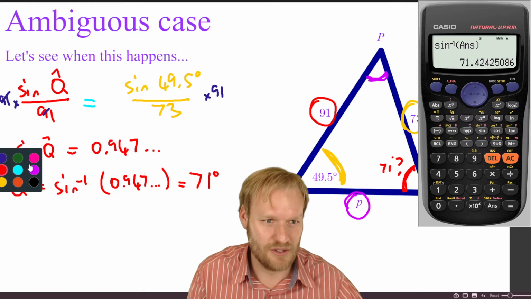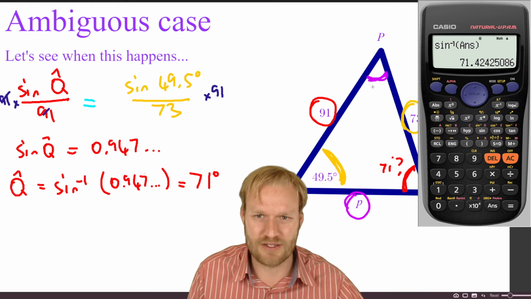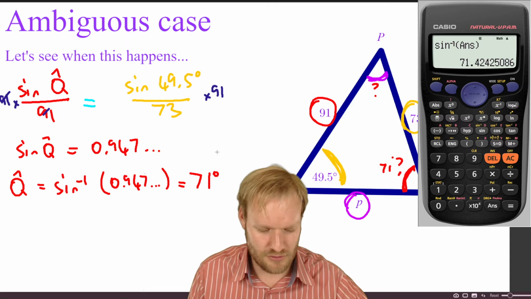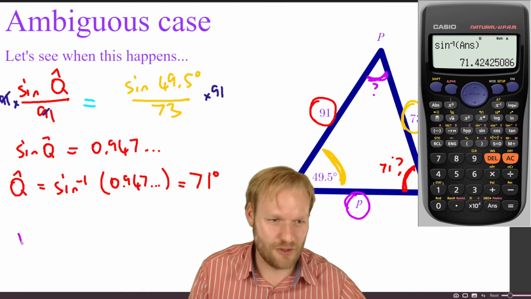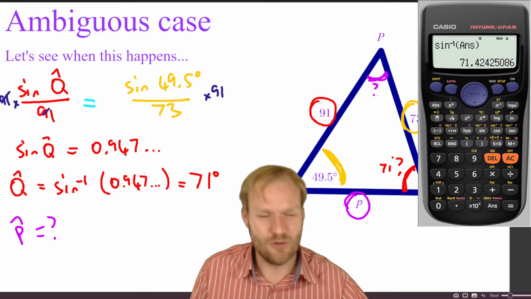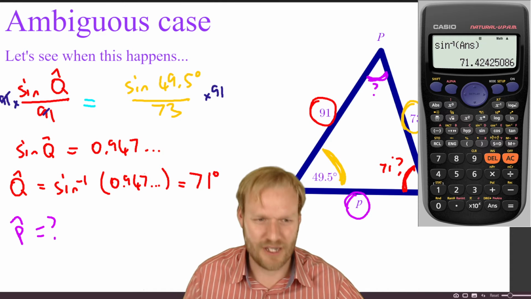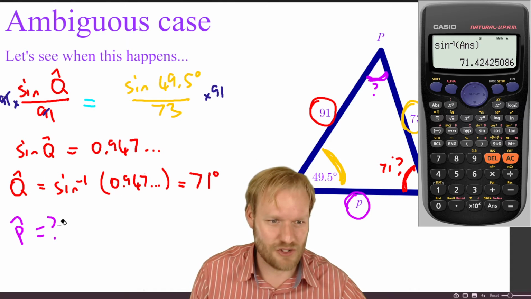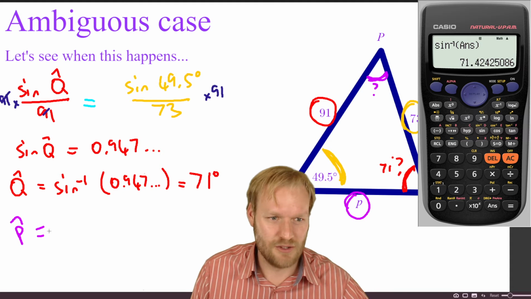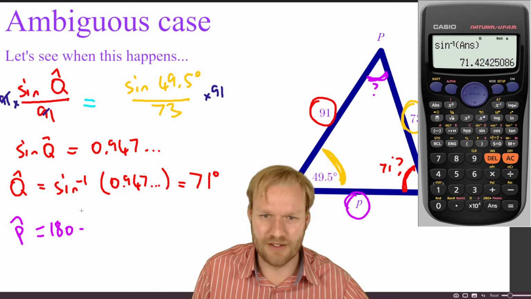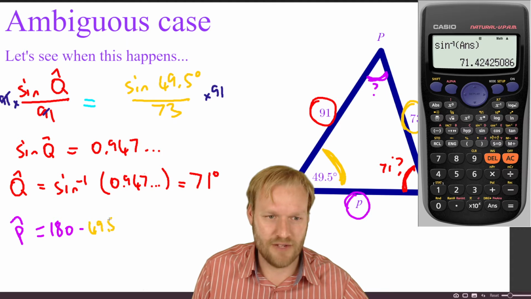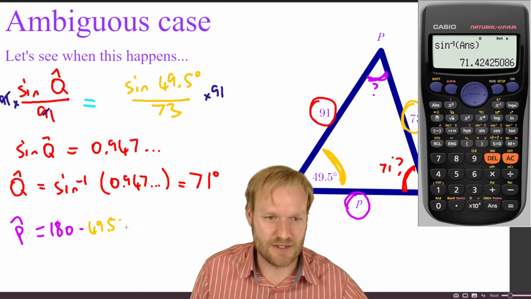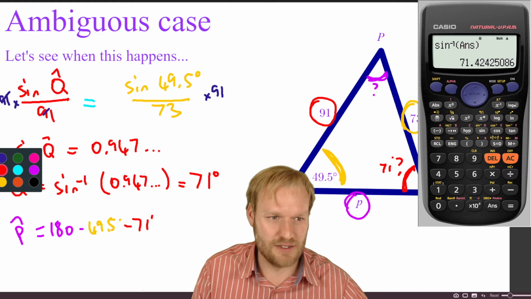Okay, so let's go for it. What is the angle P over here? P equals what, and how did you get it? Well, I reckon it's the sum of angles in a triangle. So P is 180 minus 49.5 degrees minus our 71 degrees.